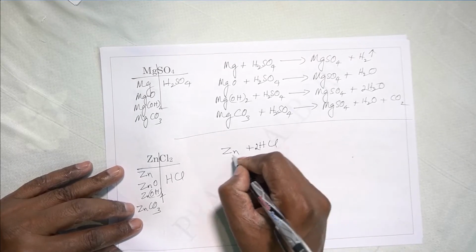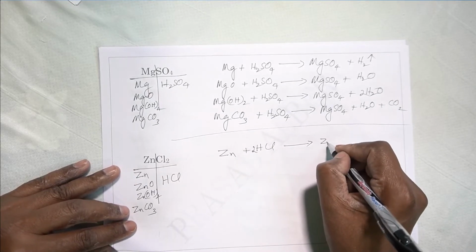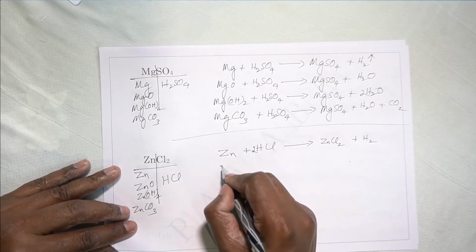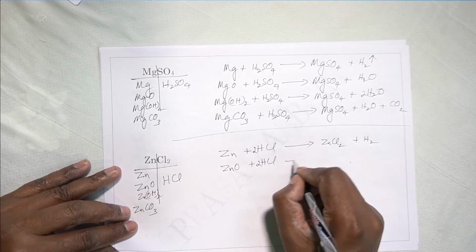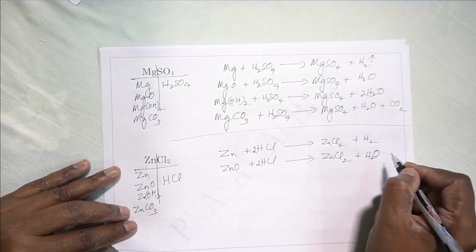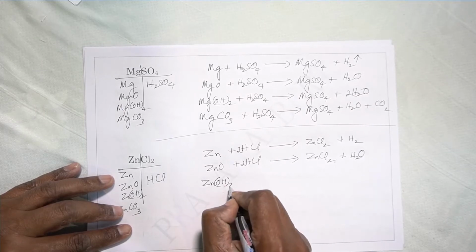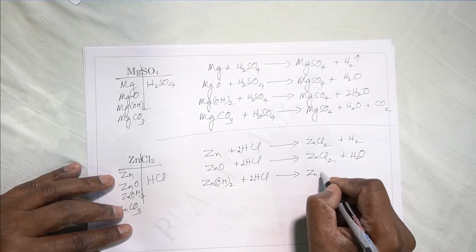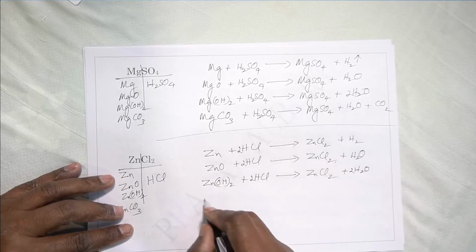Now we need 2 HCl because zinc is divalent, 2 hydrogens required. So ZnCl2 plus hydrogen. Then ZnO plus 2 HCl gives ZnCl2 plus H2O, water is produced because it is a base. Zn(OH)2, zinc hydroxide, plus 2 HCl, so zinc chloride plus 2 molecules of water.